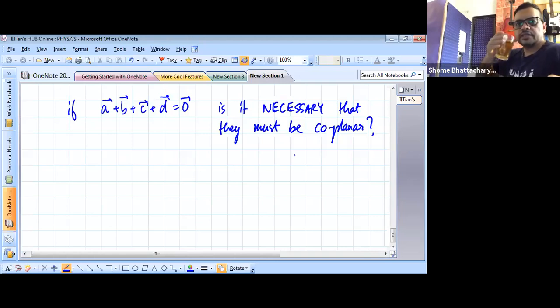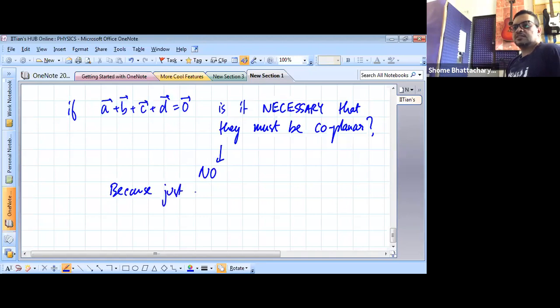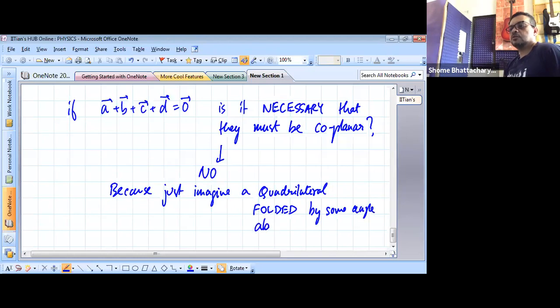Okay, so as it turns out, no, it is not necessary. The answer is no. Because just imagine a quadrilateral folded by some angle about one of its diagonals.